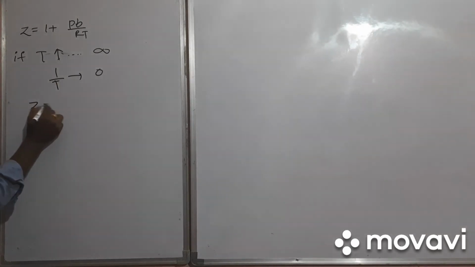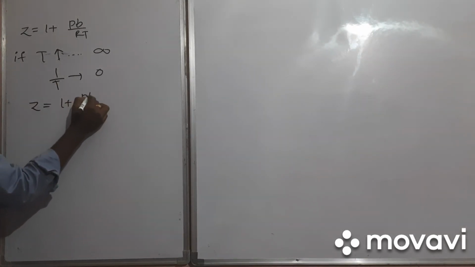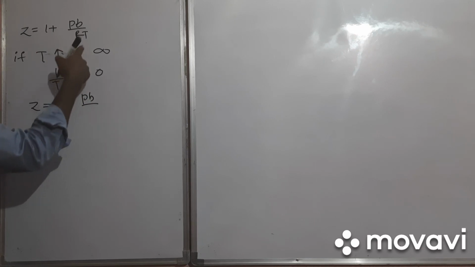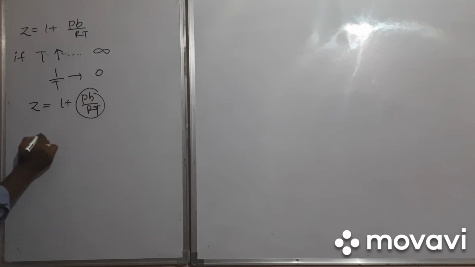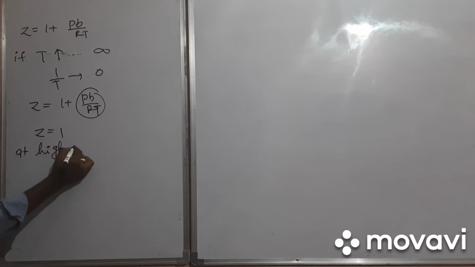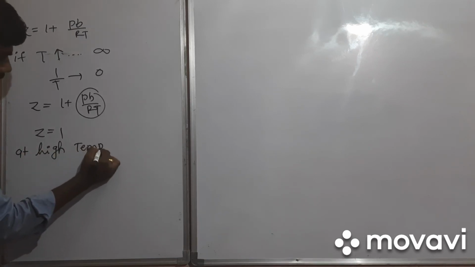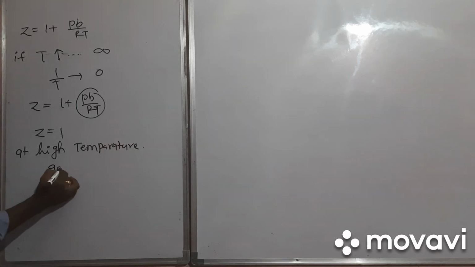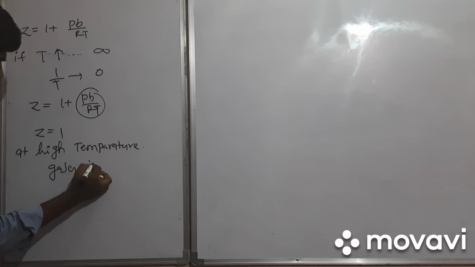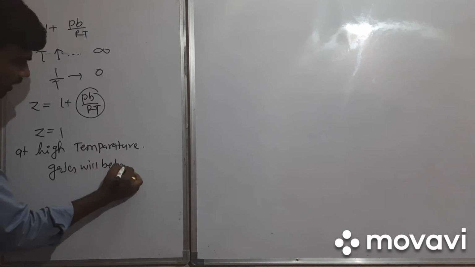In such case, Z = 1 + Pb/RT, and the total Pb/RT term becomes 0. Then Z is equal to 1. So at high temperature, gases will behave as ideal gases.